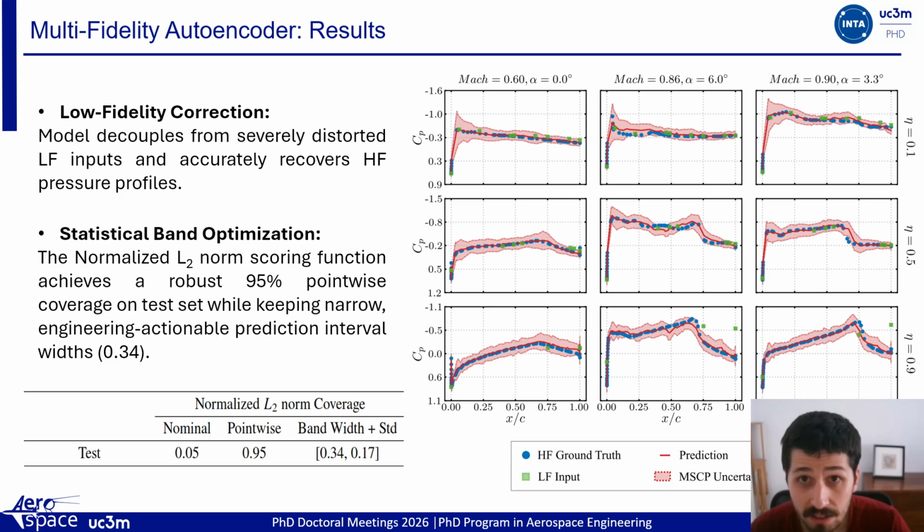At the same time, the uncertainty remains narrow and does not become overly conservative. This is also reflected in our coverage results, where more than 95% of the Cp values from the test dataset fall within the predicted uncertainty intervals.